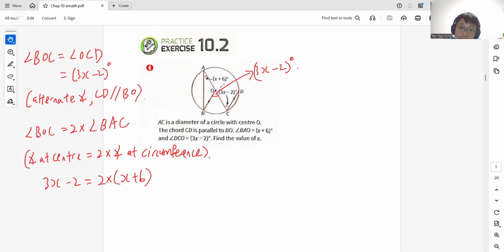Angle at center equals to 2 times angle at circumference. So 3x minus 2 equals to 2x plus 12. So x is equals to 14. Okay, so this is it for question 6.